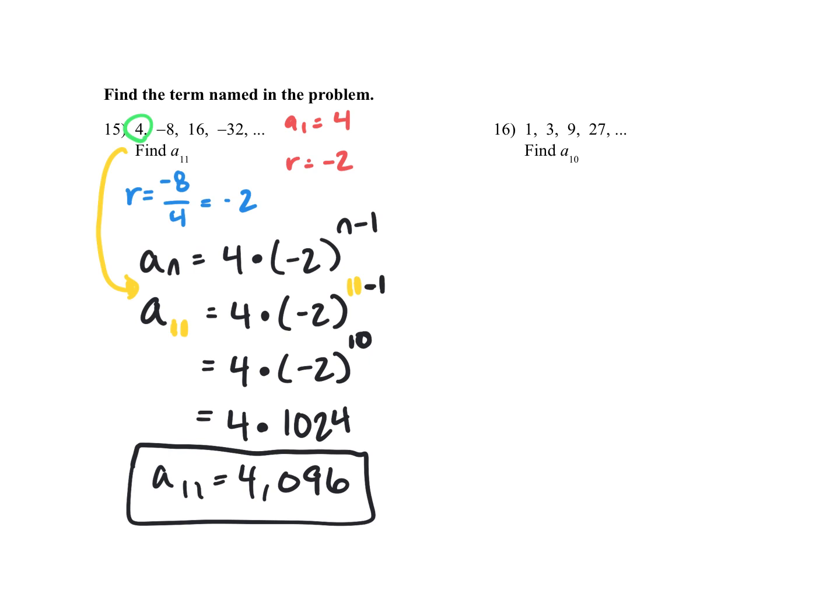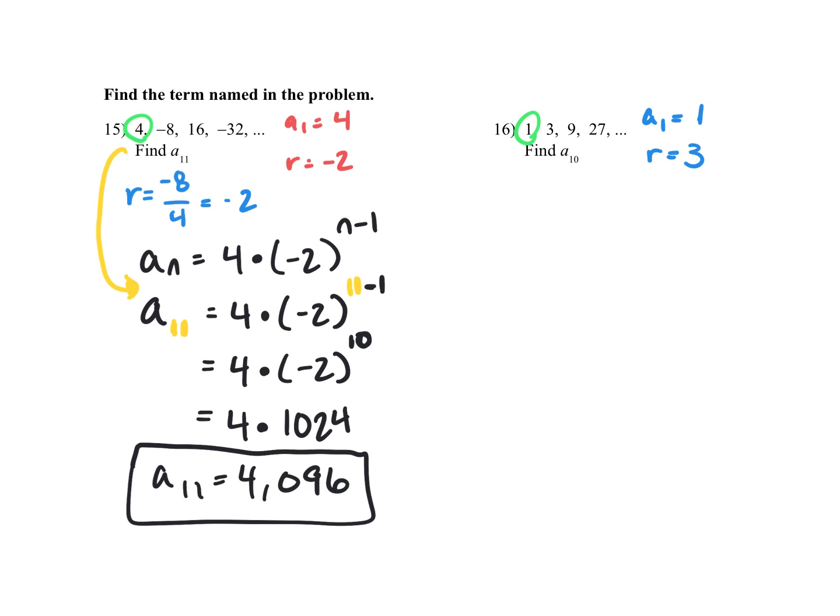All right, so looking at 16 real quick. A sub 1 and R are what we need because they're asking us to find the 10th term. Well, A sub 1 is 1. Hey, guess what? I don't even really need to do the equation to figure out what my R is. When my first term is 1, well, whatever my second term is, that's what I multiplied by. So I multiplied here by 3.